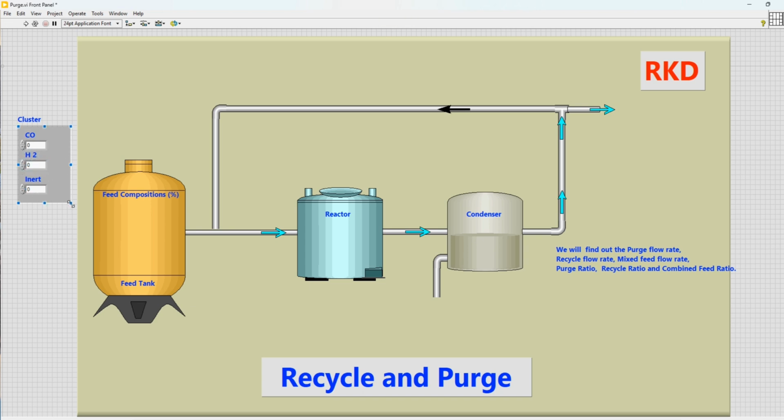So I'll just keep it here. This is our composition in percentage.